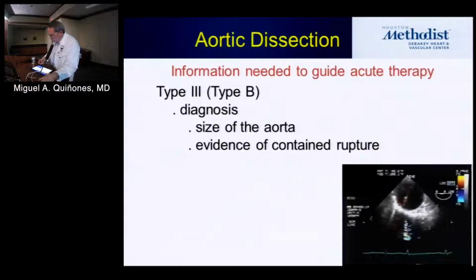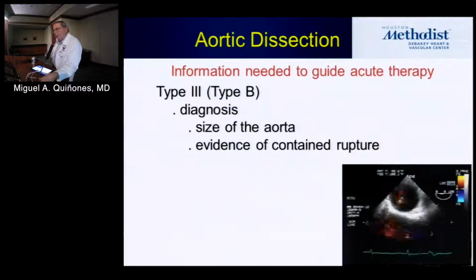And again, if you do a good scanning of the entire aorta through the esophagus, and now with the X-plane, it's even easier. You can pick a point where, using color flow, you will see color going into a space that is outside the aorta. So it really is not that difficult a diagnosis, although it's a rare condition. You should be able to diagnose it.